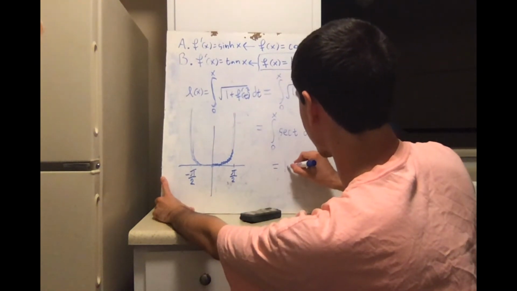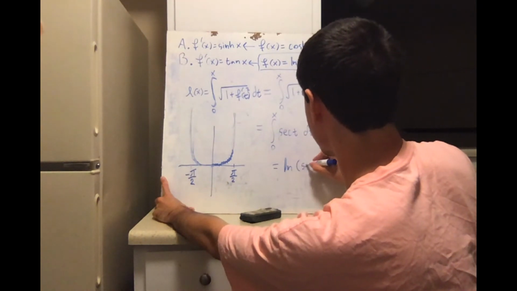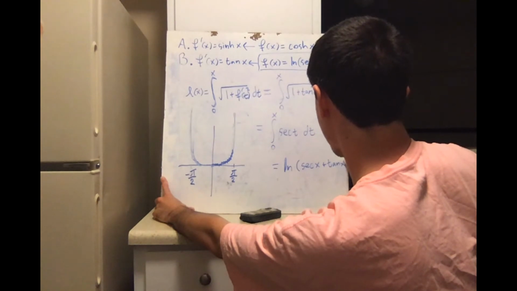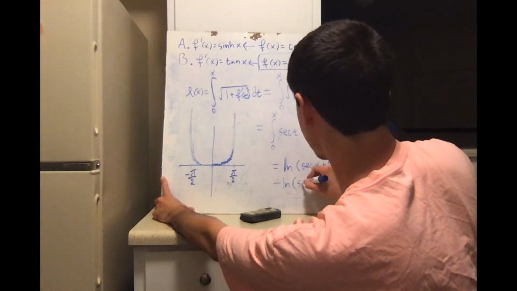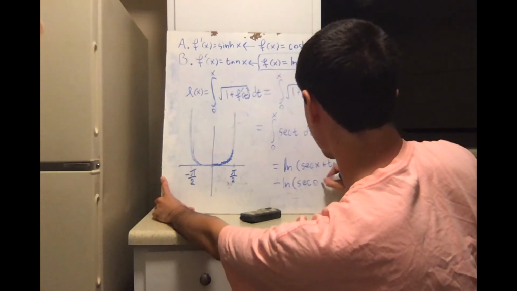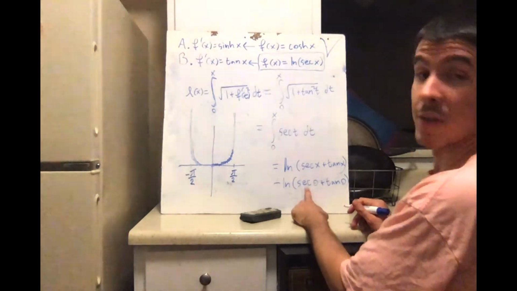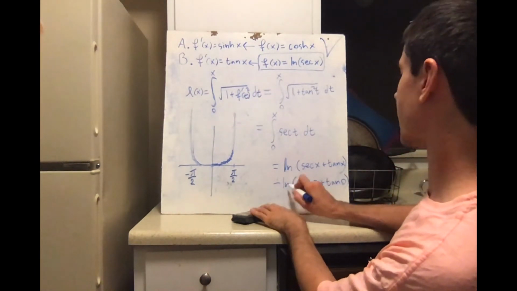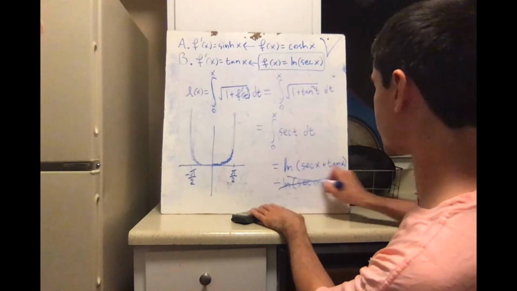the natural log of secant x plus tangent x minus the natural log of secant 0 plus tangent 0. But secant 0 is 1 and tangent 0 is 0, so this is just the natural log of 1, which is 0, so this disappears.